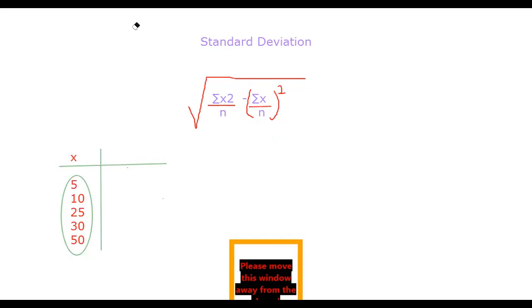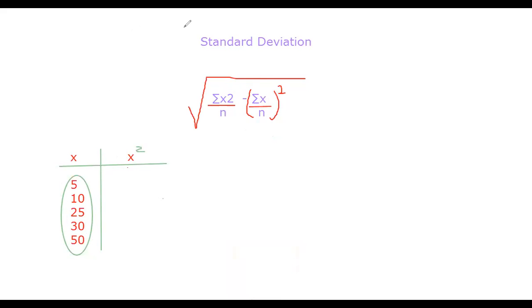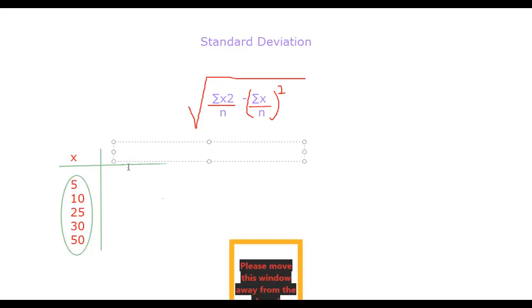Now we need to identify x square separately. Let us discuss one by one. Are you all with me, guys? So 5 into 5.